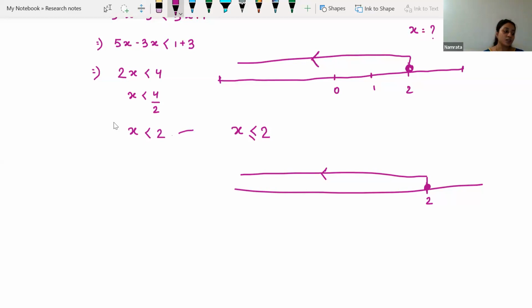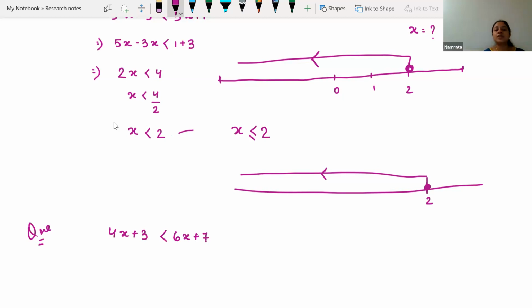Okay, now let me take a few more questions where you will be able to understand the concept in a better way. The other question is 4x plus 3 is smaller than 6x plus 7. Let's solve it.